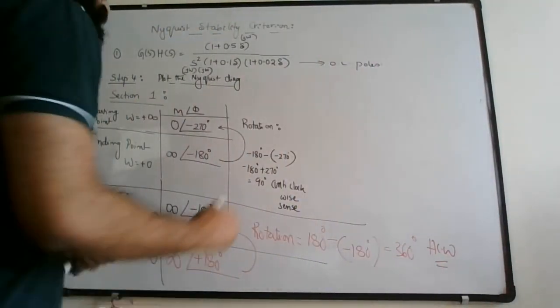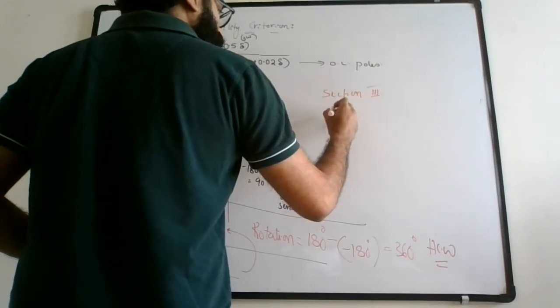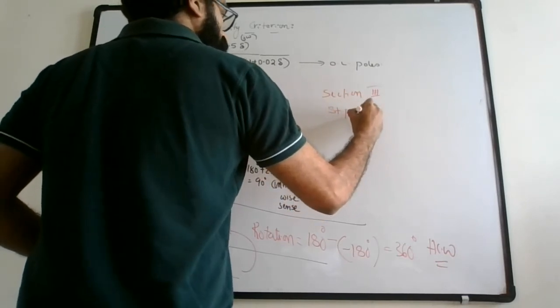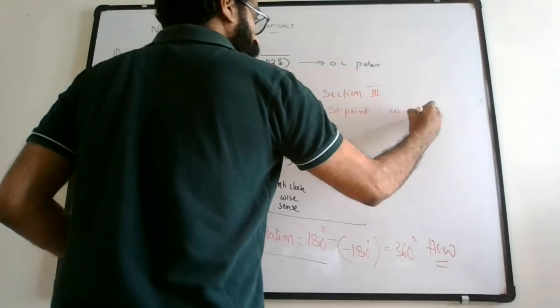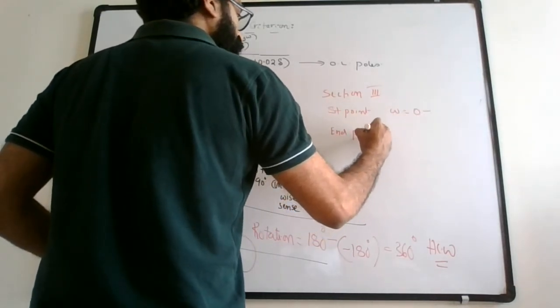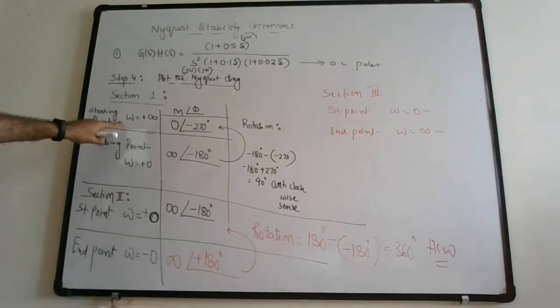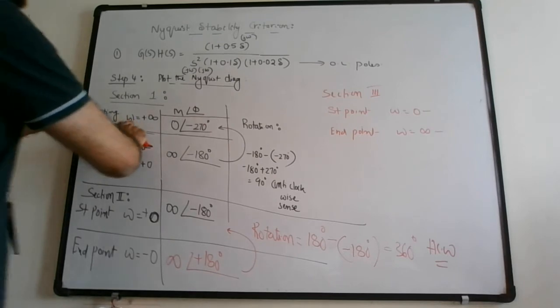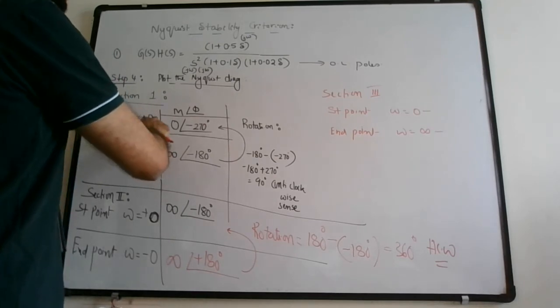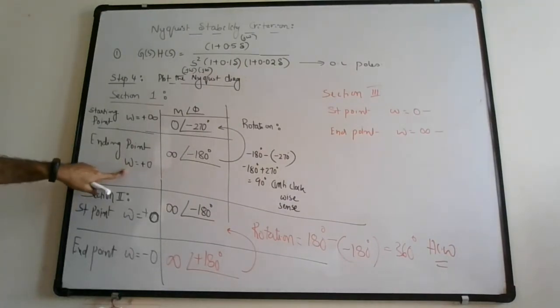Section 3. So what is section 3? The starting point is omega equal to 0 minus and the end point is omega equal to infinity minus. If you look at section 1, omega equal to plus infinity. Here you have omega equal to minus infinity. Omega equal to plus 0 you have.